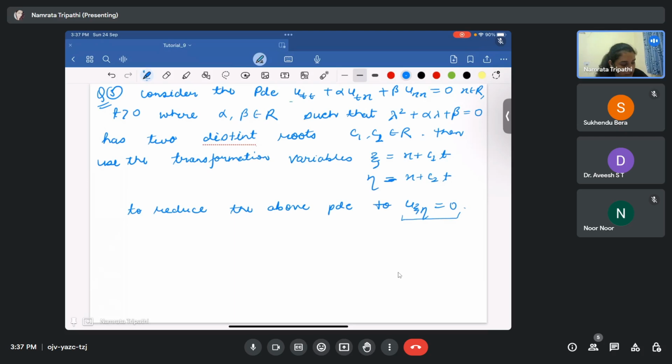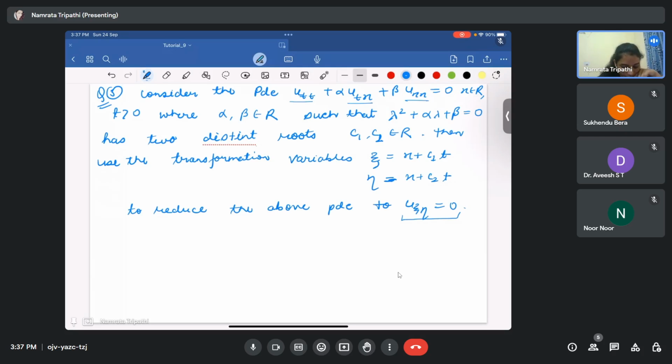So you have to find UTT, UTX, UXX in the form of xi and eta. First of all, you have to find UT in the form of xi eta, by using chain rule, of course. Can anyone tell me what will be the value of UT, means del U upon del T, because I have already discussed this in the previous lecture also.